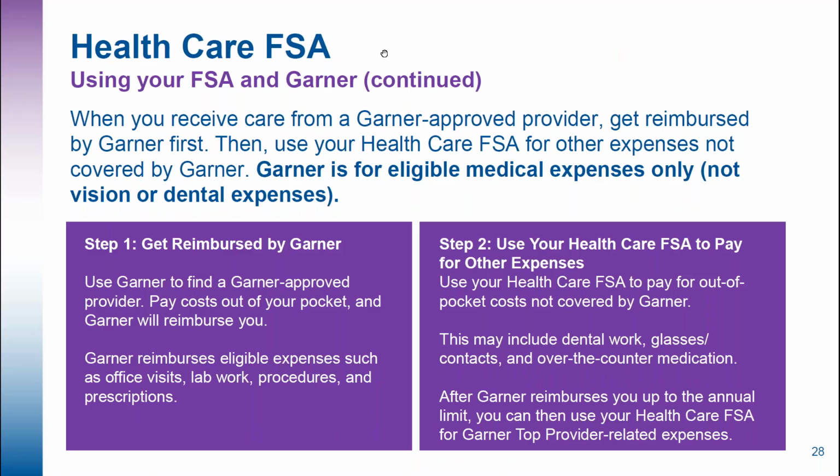Again, this could be dental, glasses, over-the-counter medications that aren't associated with your Garner top provider. And then once you've hit the maximum of Garner reimbursing you, then go full in on your healthcare FSA. All right, next slide.